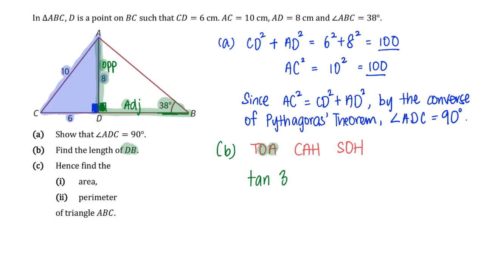So tangent 38 degrees will be equal to my opposite side, 8, divided by my adjacent side, which is DB, the length that we are going to find.